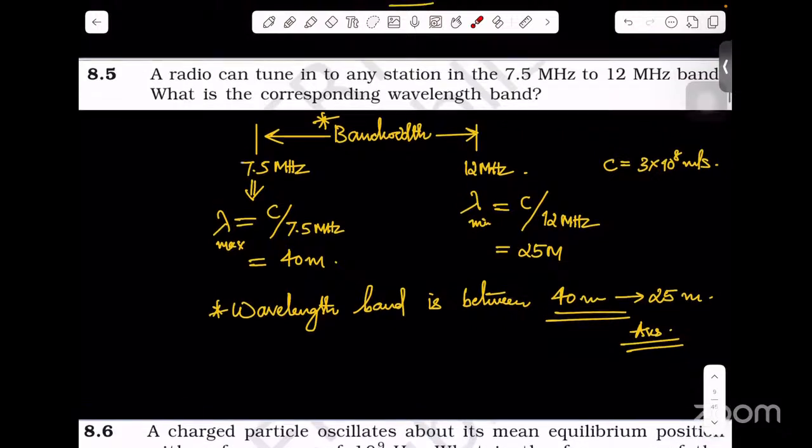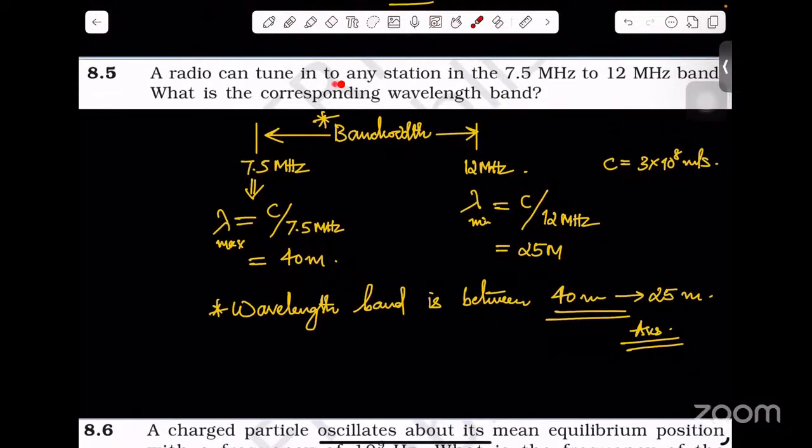And the fifth question: a radio can tune in to any station in the 7.5 megahertz to 12 megahertz band. What is the corresponding wavelength band? So this was the frequency band, 7.5 to 12 megahertz, and we know the speed is always constant, which is 3 into 10 raised to the power 8.